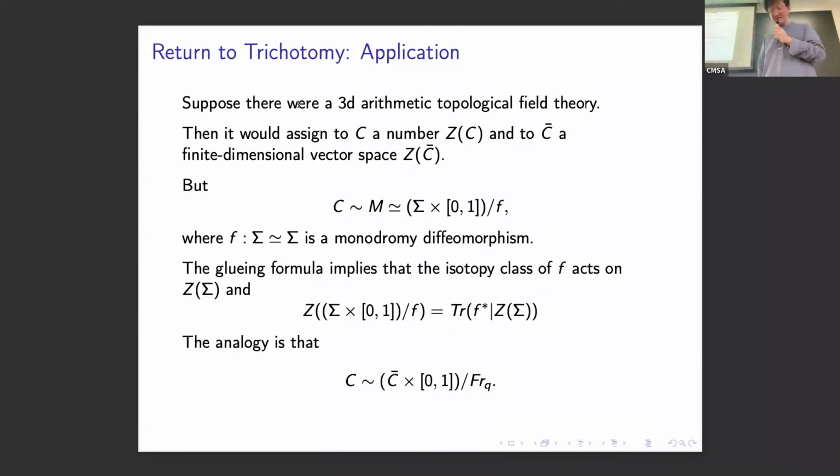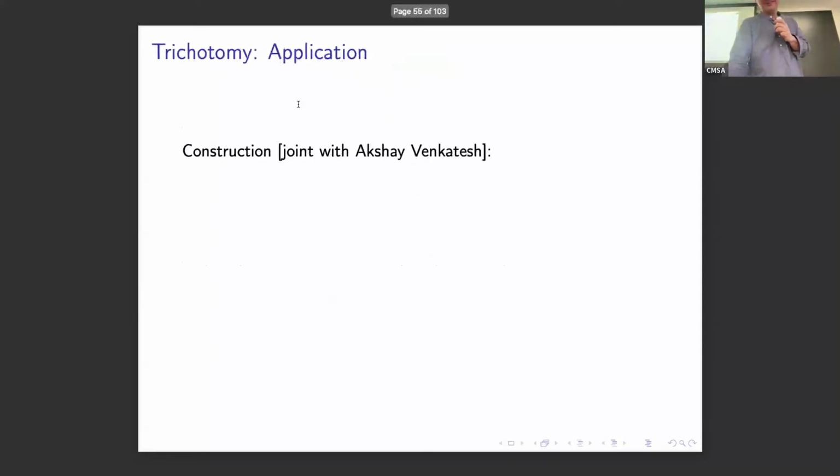But what happens in the number field case is that this curve is supposed to be like the mapping cylinder of C bar, the algebraic curve over the algebraic closure, where the role of the monodromy diffeomorphism is played by the Frobenius action. So that's what we should get. And this actually works in some sense. There are many ways to make it work.